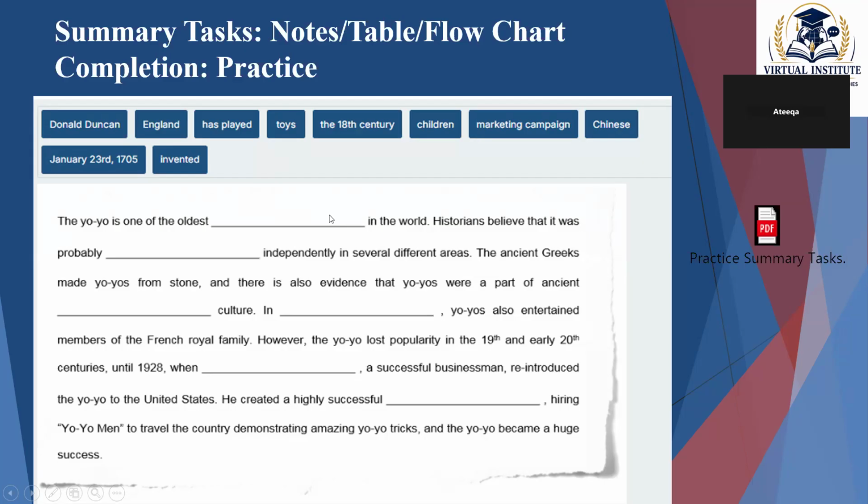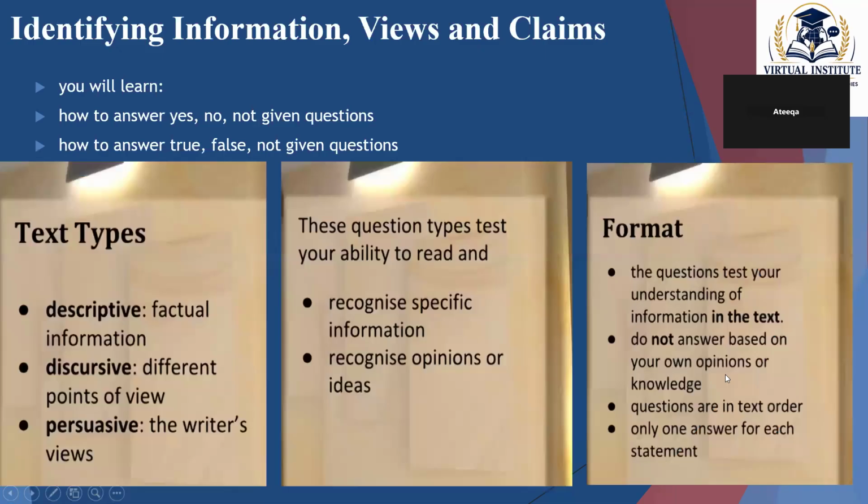Is it clear? Same is the case with the rest of the blanks. You can read them and then try to select whatever option best suits these blanks. So this is how you can answer all these questions. Now, another important question type is identifying information, views, and claims, and trying to answer the yes no questions, or true false questions.